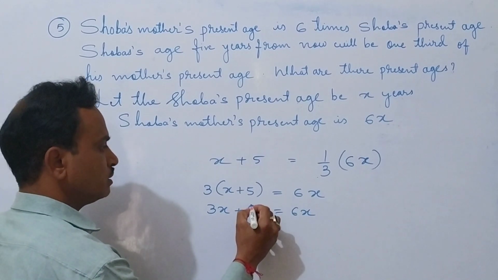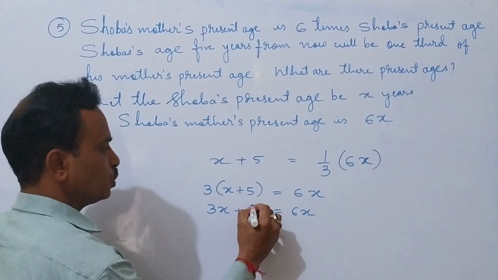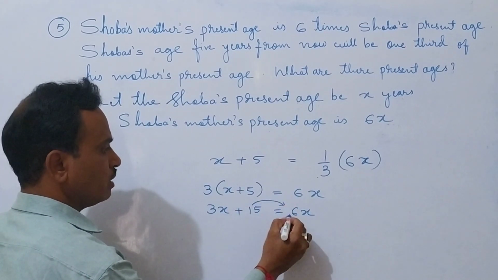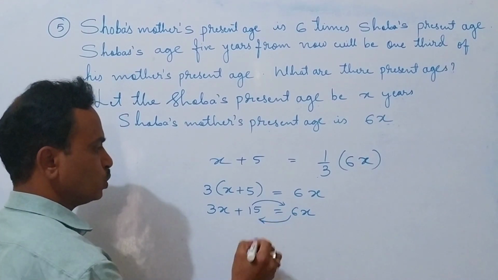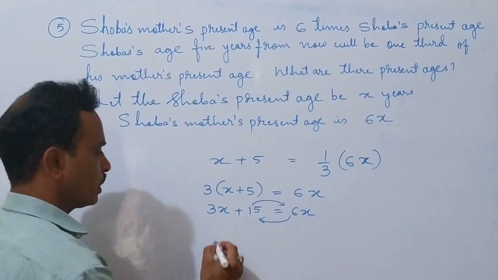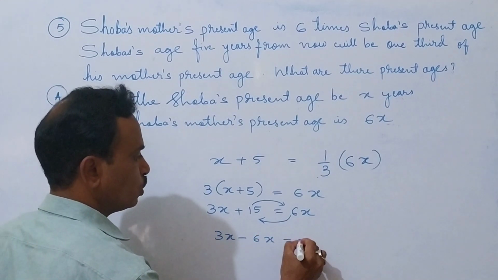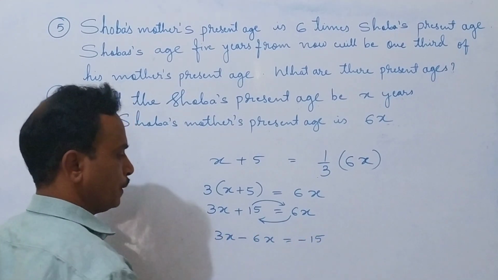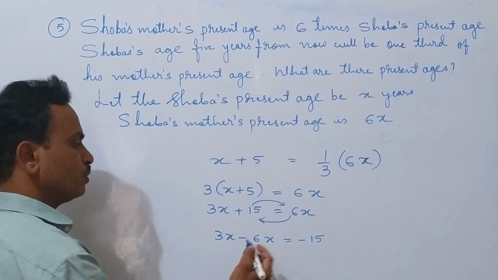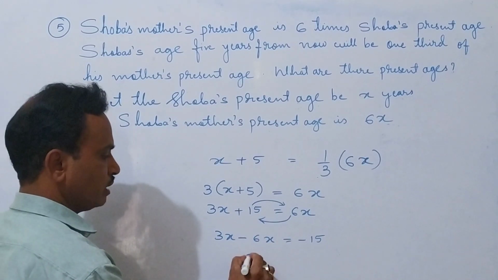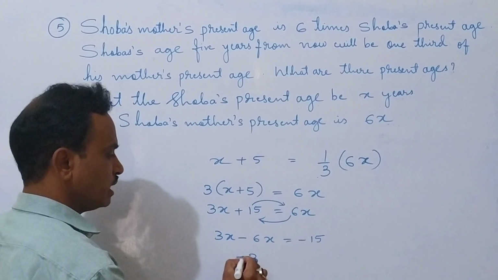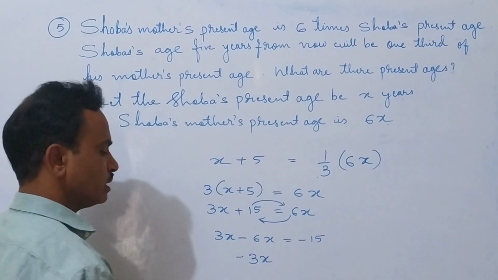Then plus 15 you should take to the RHS side, and plus 6X you should take to the LHS side. 3X minus 6X is equal to minus 15. Now 6 minus 3 is 3, the bigger number's sign is negative, so you should write minus.